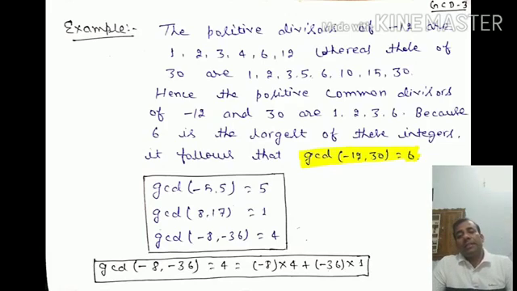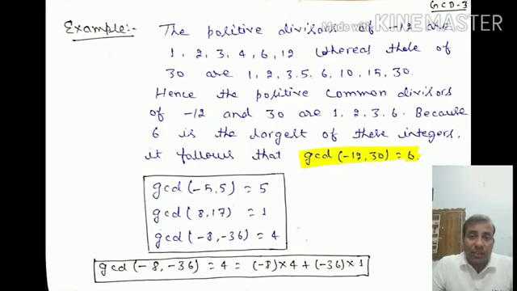Now, GCD of -8 and -36 equals 4, and this 4 can also be written as -8 into 4 plus -36 into 1. This will give a very important result. GCD of -8 and -36 equals 4, and this 4 can be written as -8 into 4, because we have taken the first number -8 into 4, plus the second number, that is -36 into 1.